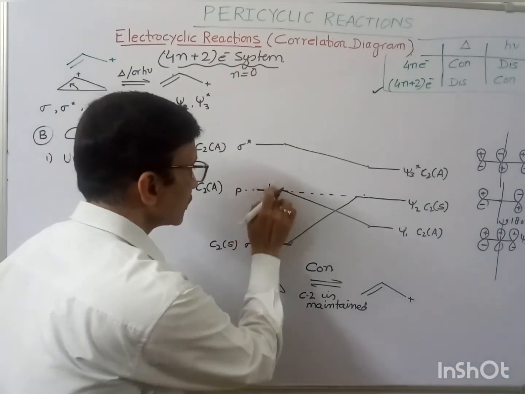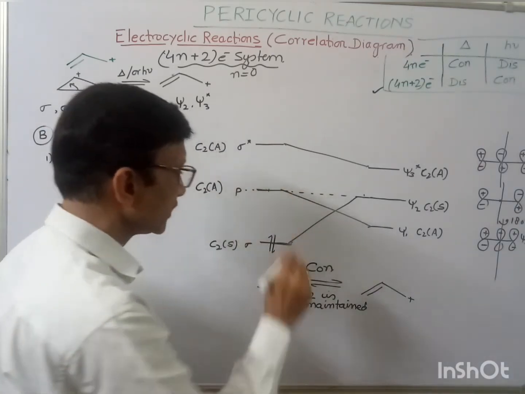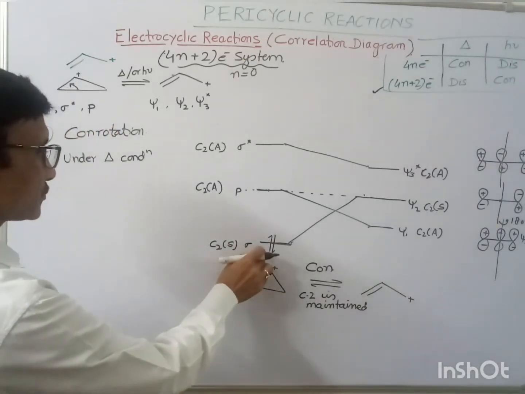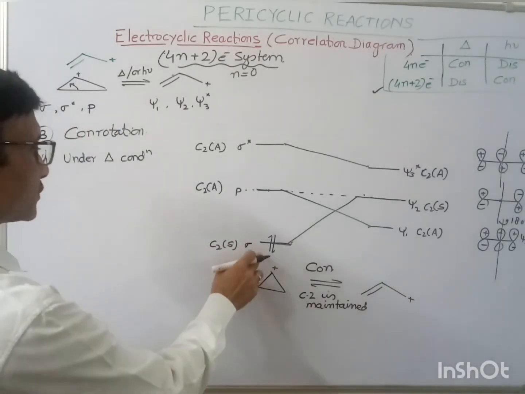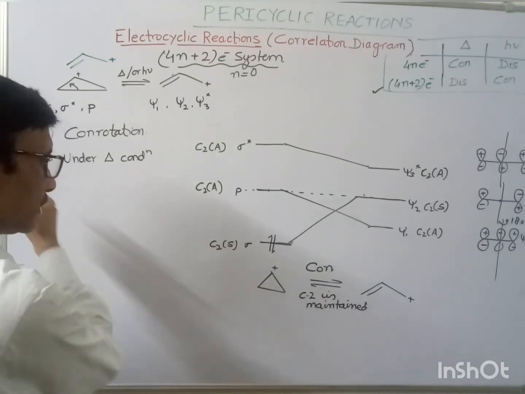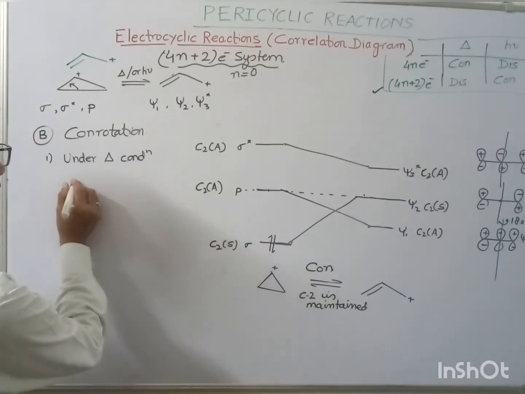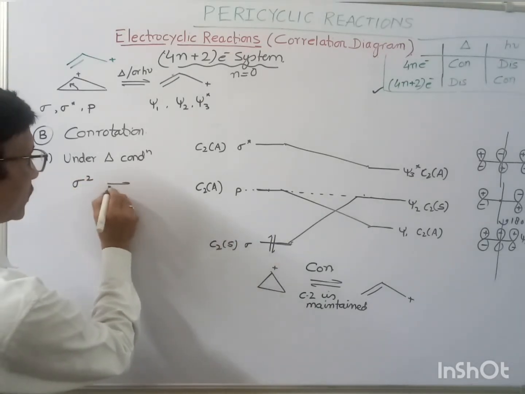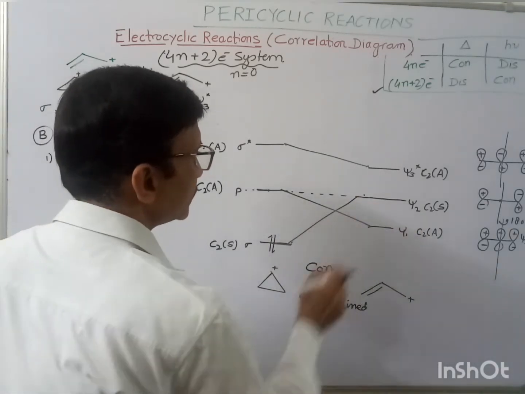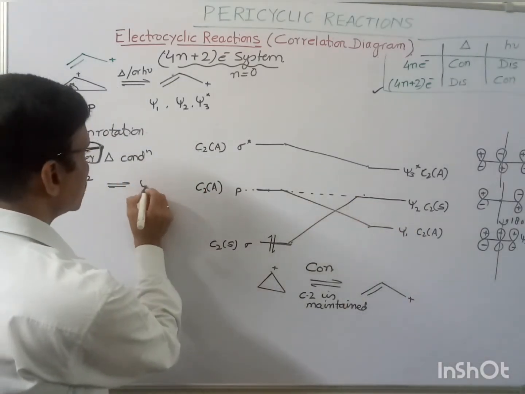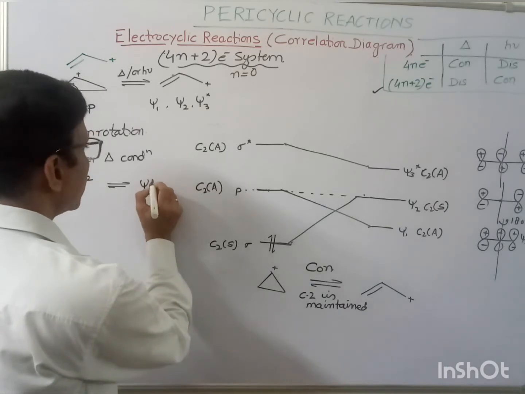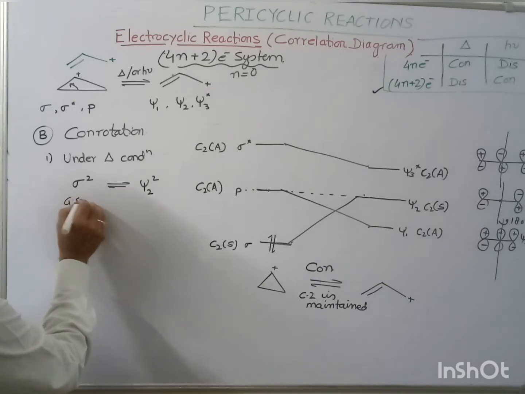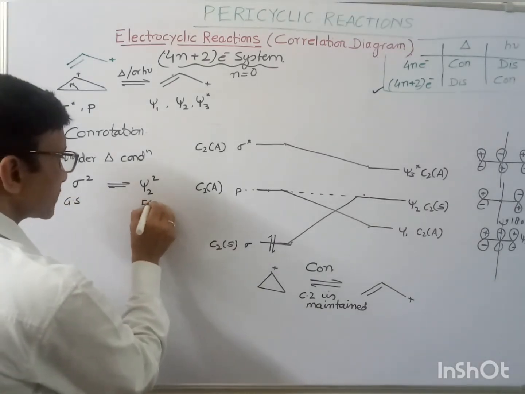Under thermal condition, both the electrons should be present here. These two electrons are present in sigma, and these two electrons are going into psi 2. So this is the ground state and this is the first excited state.